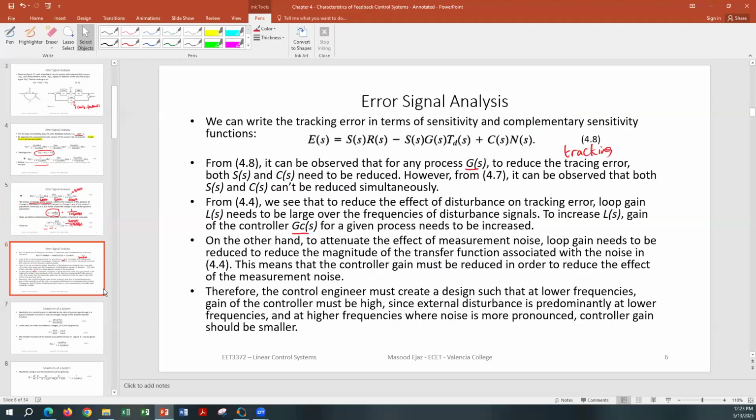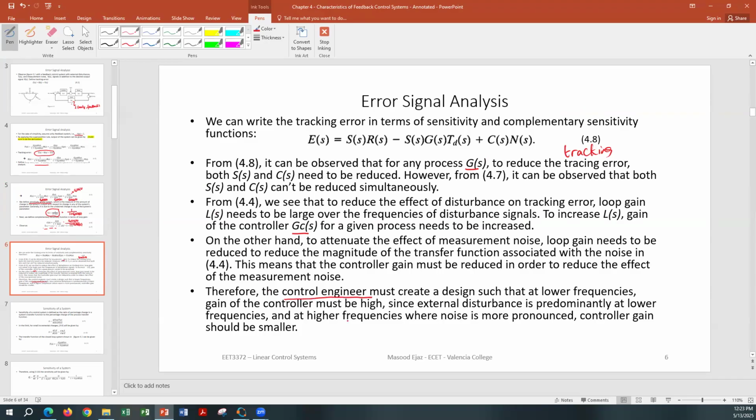So again, go back. To attenuate the effect of measurement noise, loop gain needs to be reduced to reduce the magnitude of the transfer function associated with the noise. This means the controller gain must be reduced in order to reduce the effect. So the control engineer basically has to do all those things.